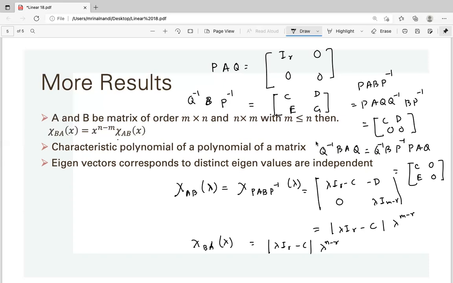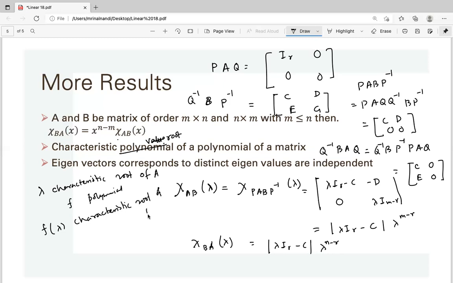Next, the characteristic root of a polynomial matrix. If lambda is a characteristic root of A, and f is any polynomial, you can easily check that f of lambda is a characteristic root of f(A).